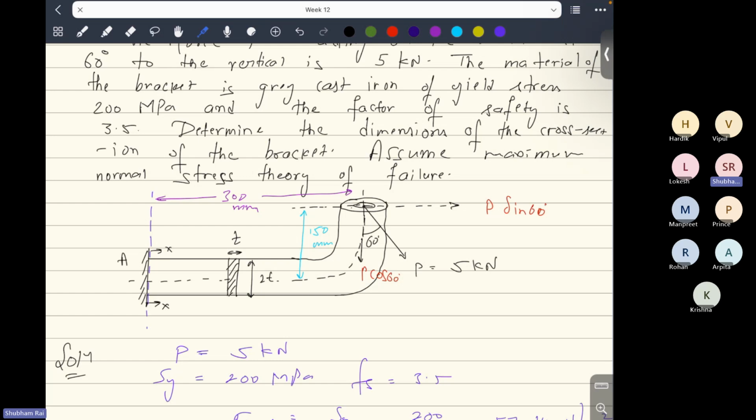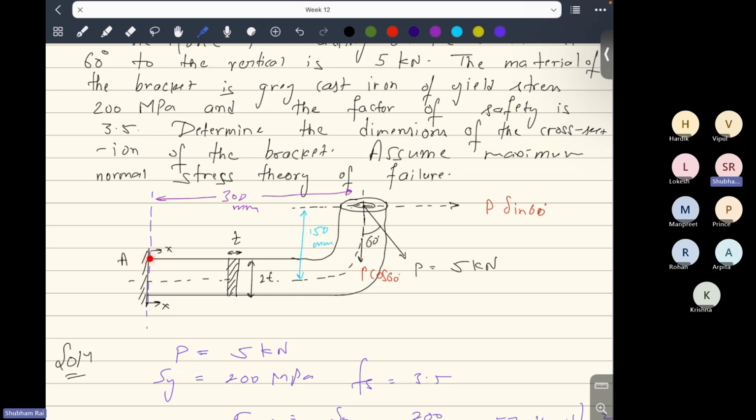Otherwise, if you want to include it, you have two stresses, sigma and tau, and then you draw a Mohr circle, and from the Mohr circle or from the formula of principal stresses, you find the principal stress, and then equate that to the failure stress that you have, because we want to apply maximum. Oh, sorry.